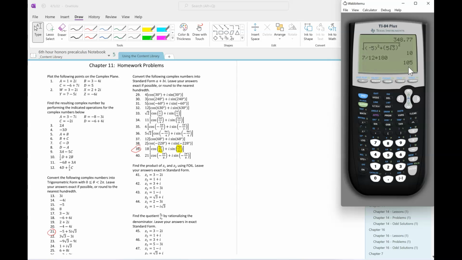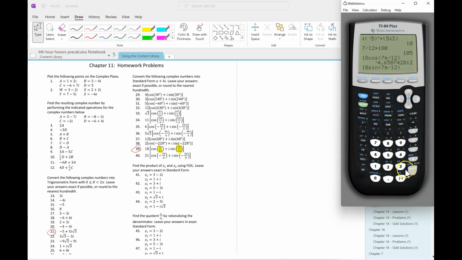So all this is a calculator problem. So I'm just going to set my calculator to radian mode and just kind of type things in. So I have 18 times cosine of 7 pi over 12. So that's my A value.